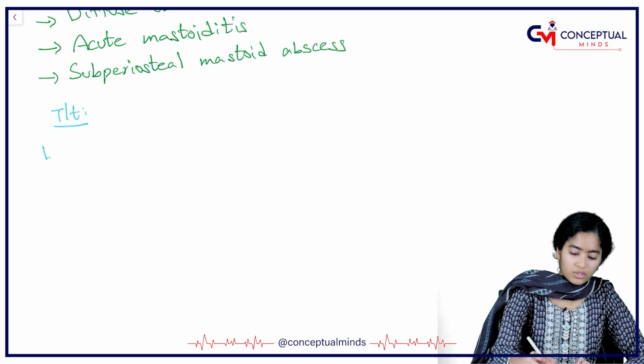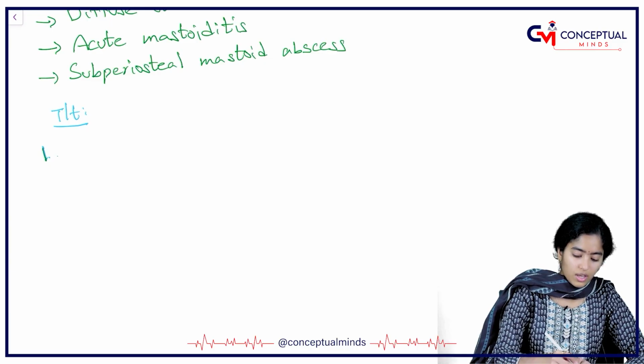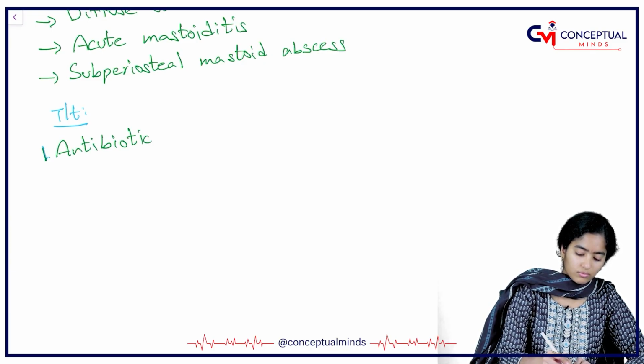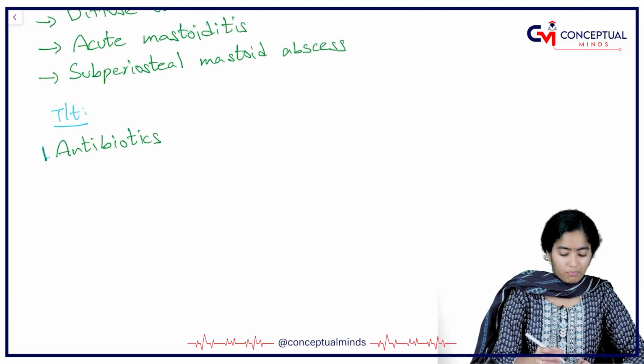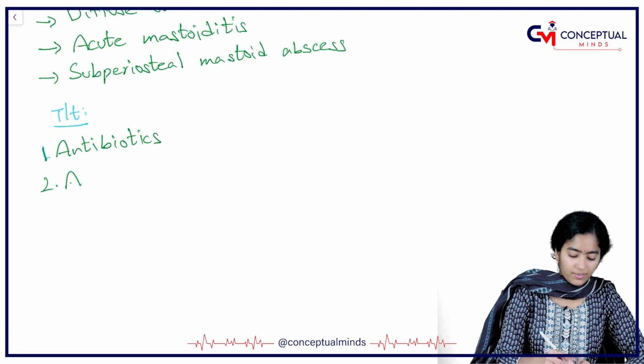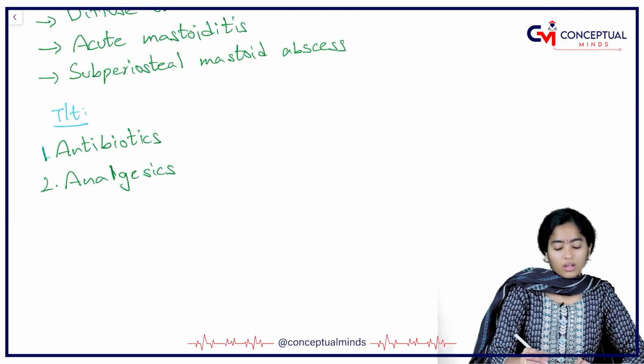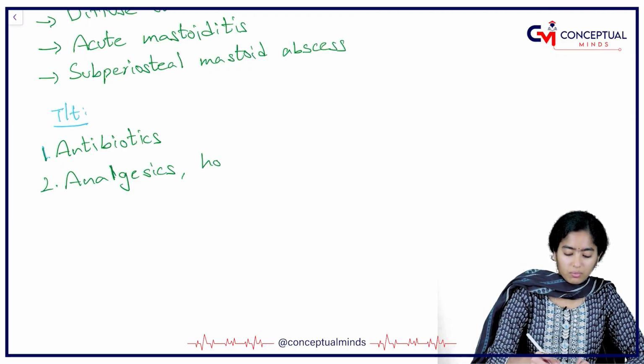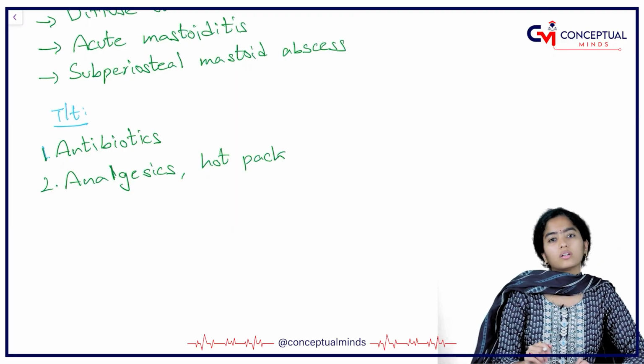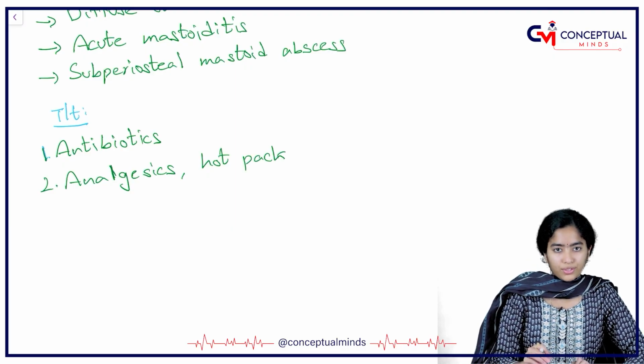First and most important is antibiotics. And the patient is in a lot of pain, so definitely we have to give analgesics. And also some hot pack or hot fermentation can be applied over the auricle. That will also provide pain relief.